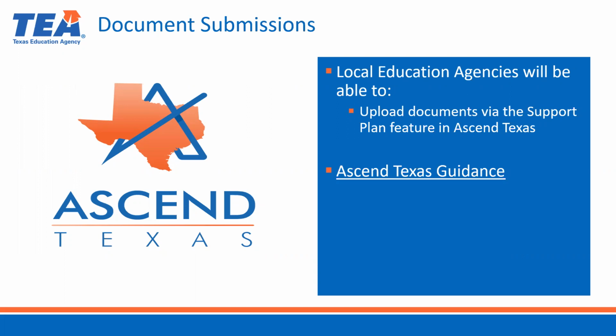LEA users will be able to initiate the development of a corrective action plan and/or strategic support plan. Additional information and guidance will be provided regarding the support plan feature during the strategic support plan overview, and the Ascend Texas guidance is also available on the Review and Support webpage.